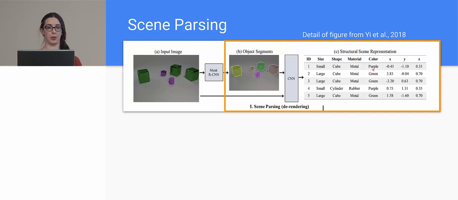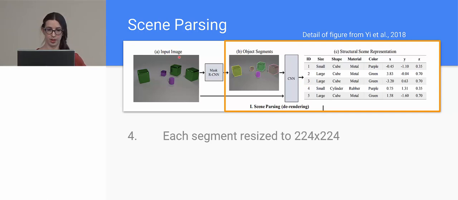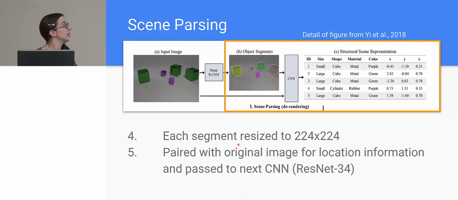which is the second half of the network here. So in the second half of the network, we have our object masks, and we have our original input image. So step one is to resize each object segment to 224 by 224 for uniformity. Next, we take the resized object segment and we pair it with the original input image.